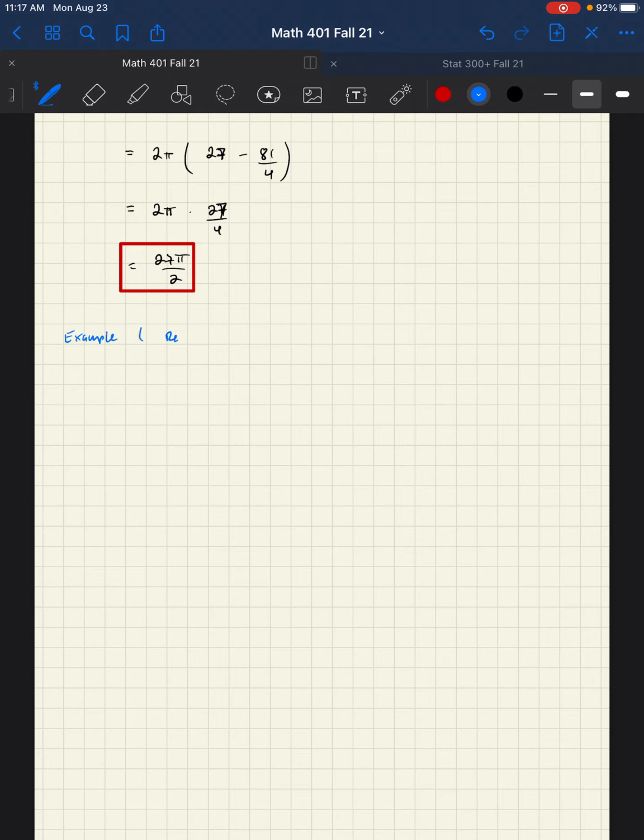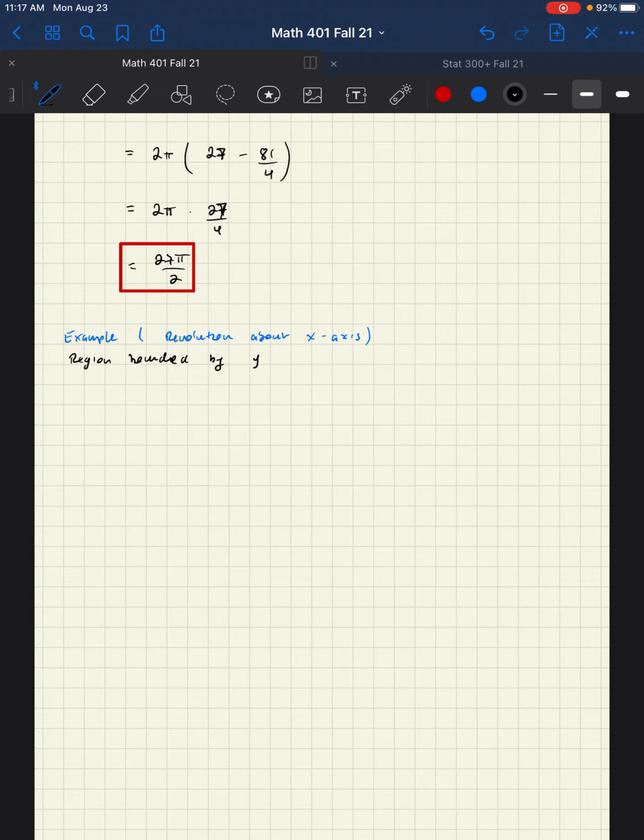In this case, now we're going to revolve around the x-axis. And what this does is it's just going to make it so that we are going to need to express everything in terms of y. So as usual, let's set up the problem.